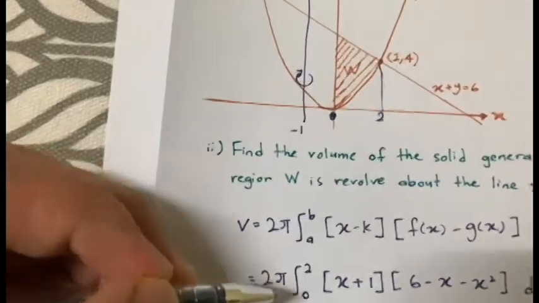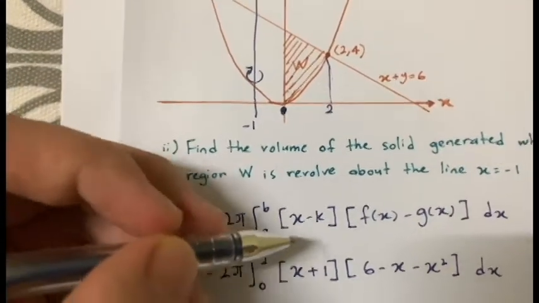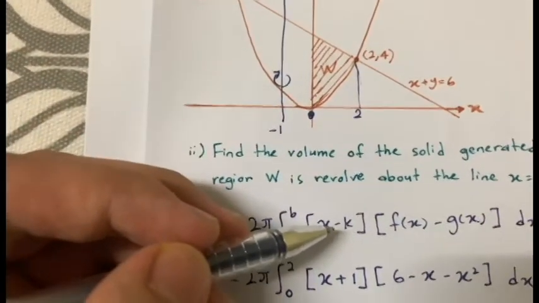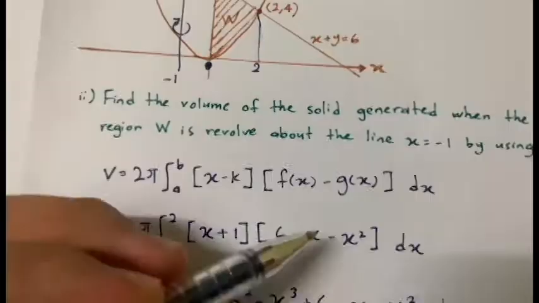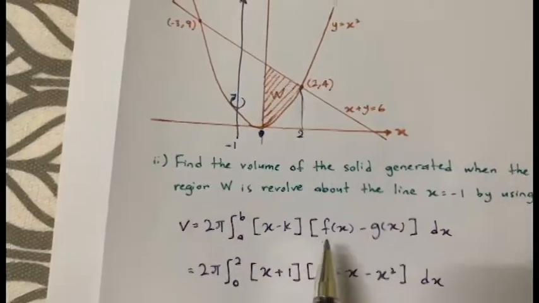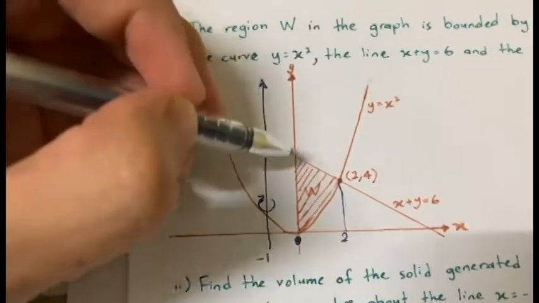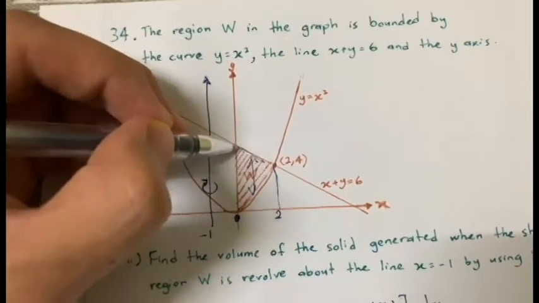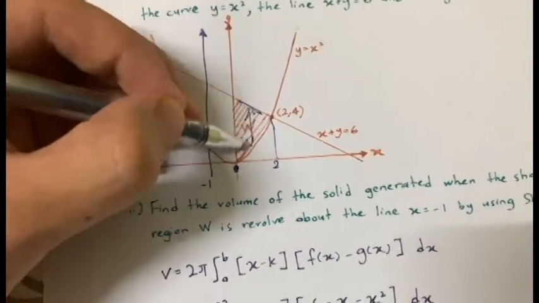So we're going to integrate from 0 to 2, and x is just x, and k is -1, but a negative and a negative becomes positive, so x plus 1. If we choose f(x) and g(x), we're going to look at the height. So f(x) is the upper, and g(x) is the lower one.